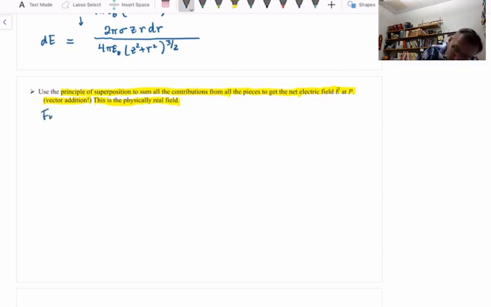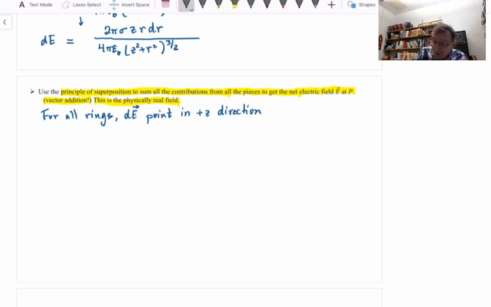For all rings that make up the disk, the dE vectors point in the plus z direction, assuming that the charge on the disk, which in this case you could represent by sigma, charge per unit area, is positive.